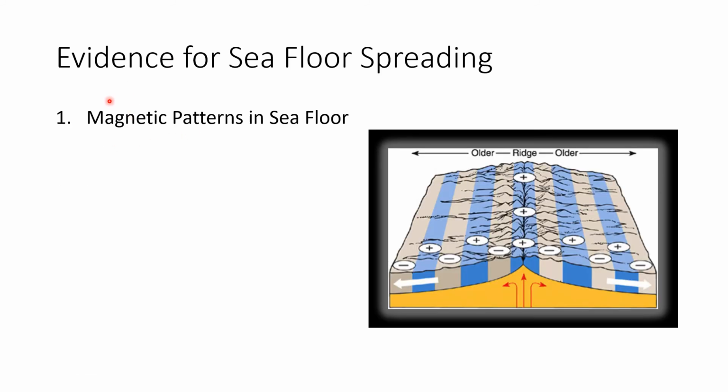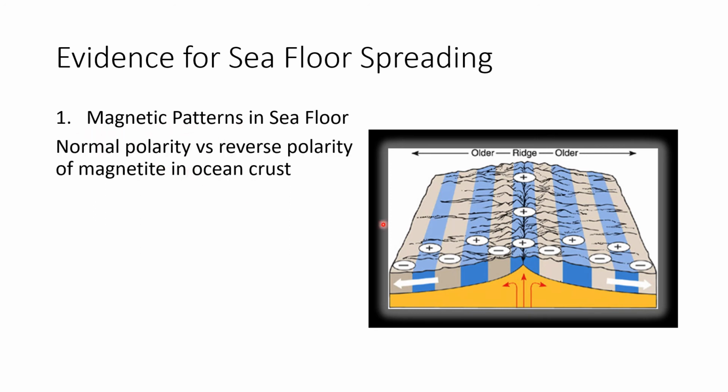Here is some evidence that Hess used to support his theory of seafloor spreading. First, we have magnetic patterns that we find in seafloor. Periodically the Earth will reverse its polarity, so that the north magnetic pole is down by where Antarctica currently is, and the south magnetic pole is up, where the North Pole is, where Santa and all the polar bears are. In the crust of the seafloor, we can see distinct bands of this mineral called magnetite.